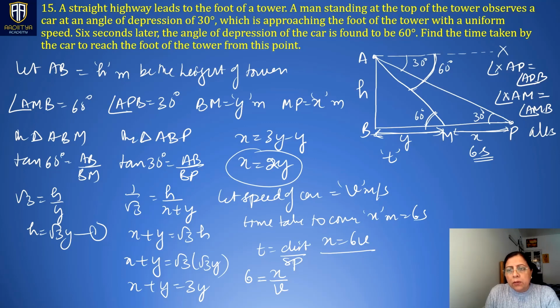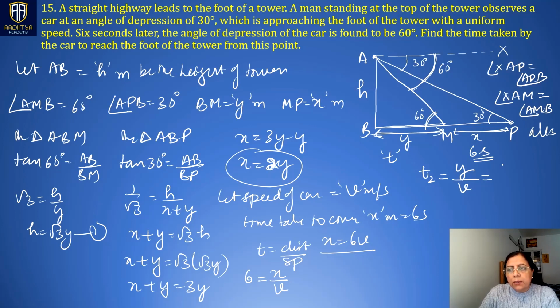And then we have to find the time which it will take to cover the distance y. That is t2. Then time is what? Distance upon speed. Distance is y, y upon speed v. Now what is y? y is equal to x by 2.